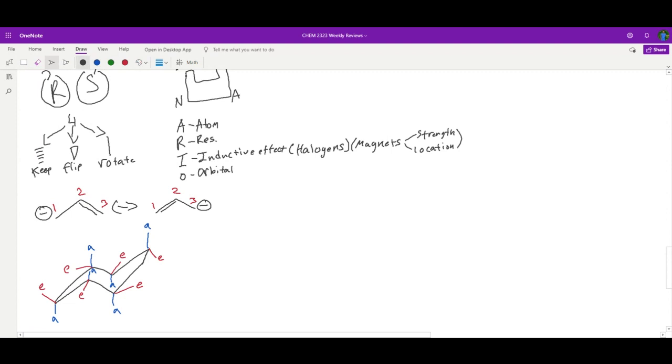So a wedge means out of the page, towards you. A dash means into the page, or away from you.